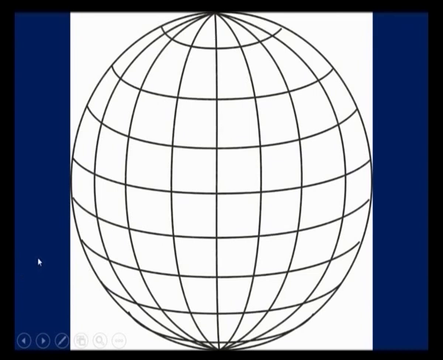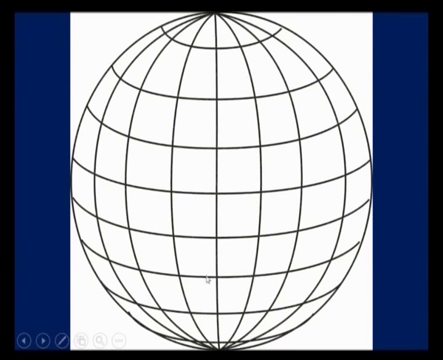So to make the longitudes, they first found the set of places where noon takes place at the same time, and all these places they set from north to south, and they started drawing the lines.